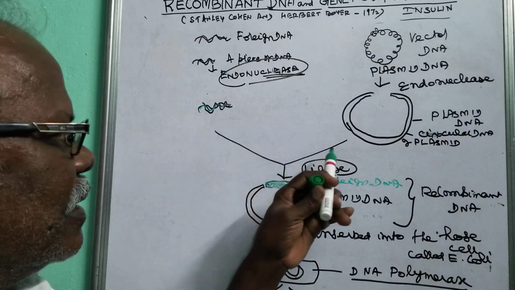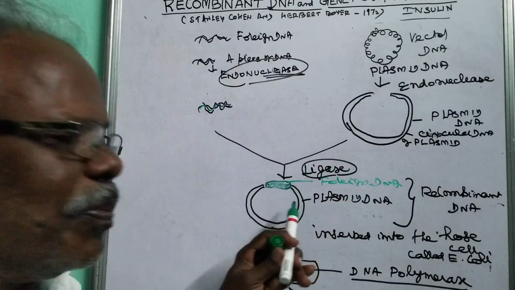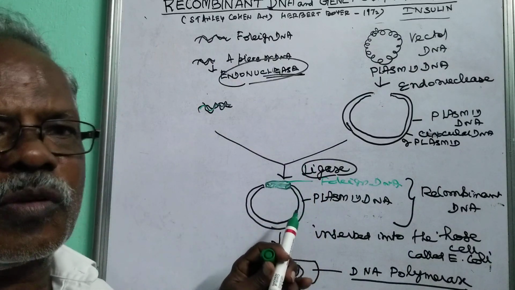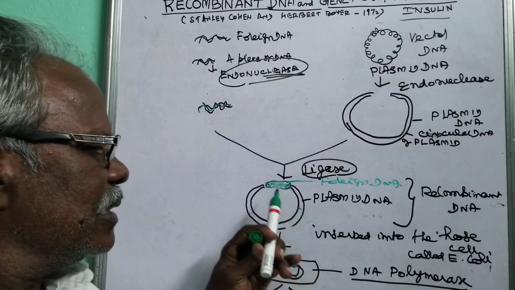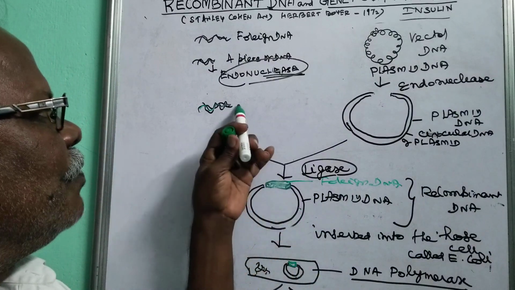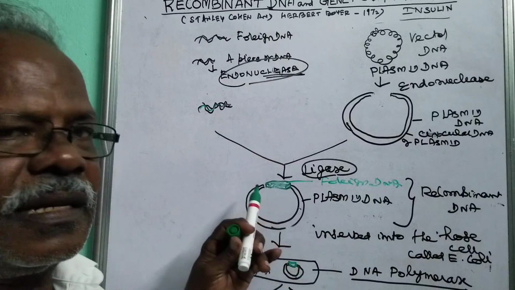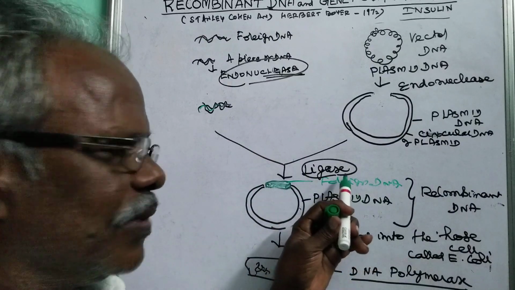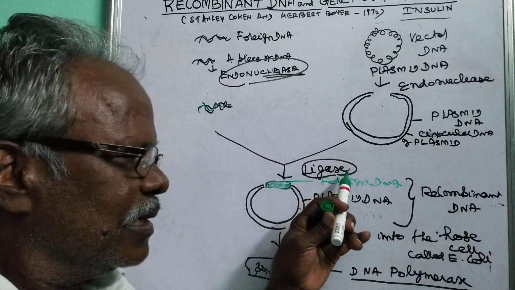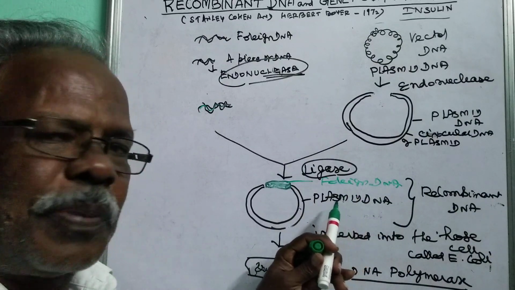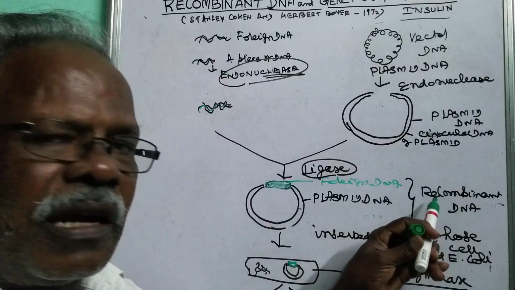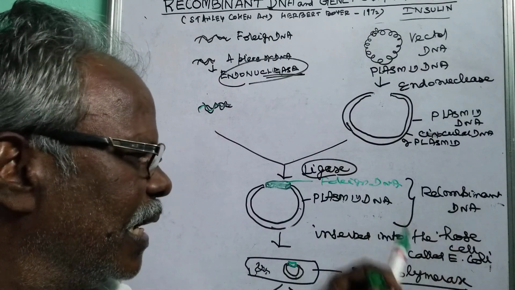Then in the circular plasmid DNA, extrachromosomal DNA which replicates by itself, the foreign DNA is inserted with the help of the enzyme called ligase. This combination of foreign DNA and plasmid DNA is otherwise called recombinant DNA.